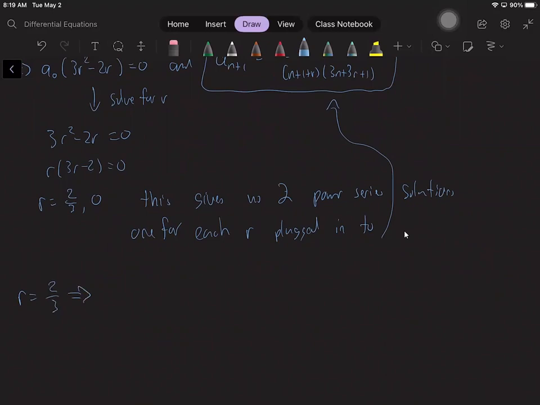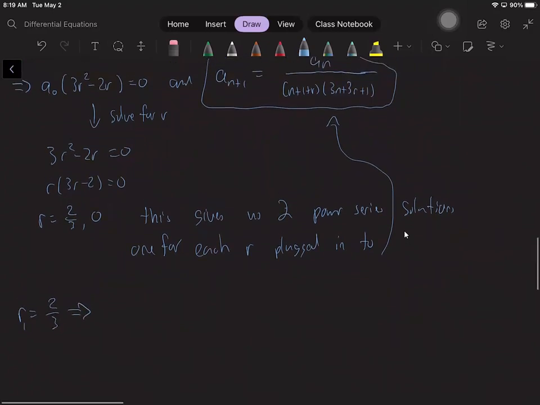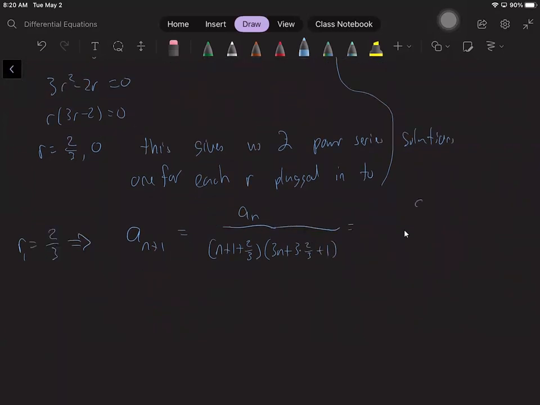I'm going to call this r1, because there are two of them, r1 and r2. So if r1 is 2/3, then a(n+1) will be an over (n + 1 + 2/3) and (3n + 3 times 2/3 + 1). We can make this look a lot nicer so we don't have to deal with fractions.